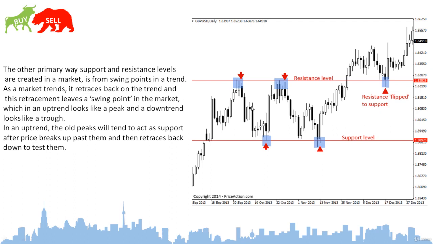So this is a chart. As we can see, we have here a support level, this horizontal red line. This is a support and this is a resistance. As you can see, the market respects this support and resistance level. It often reacts when the market touches these areas.